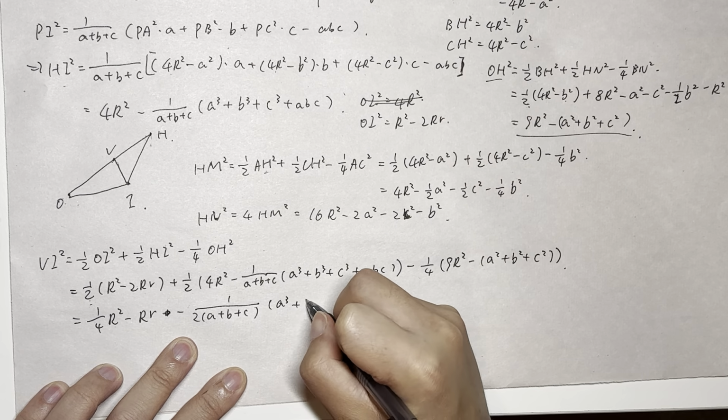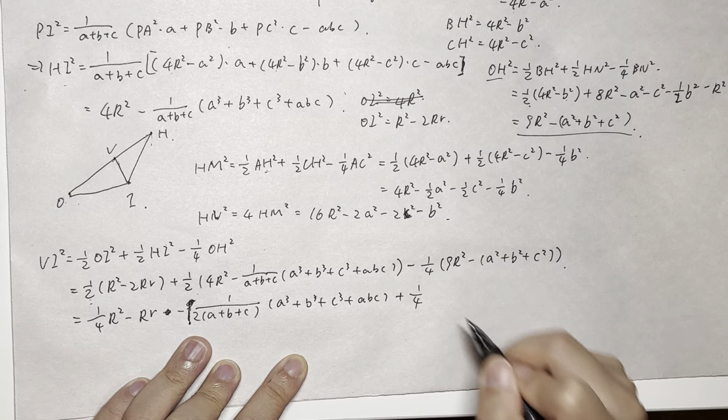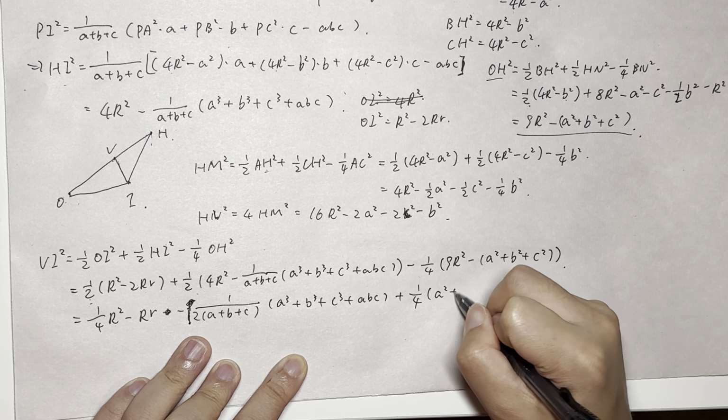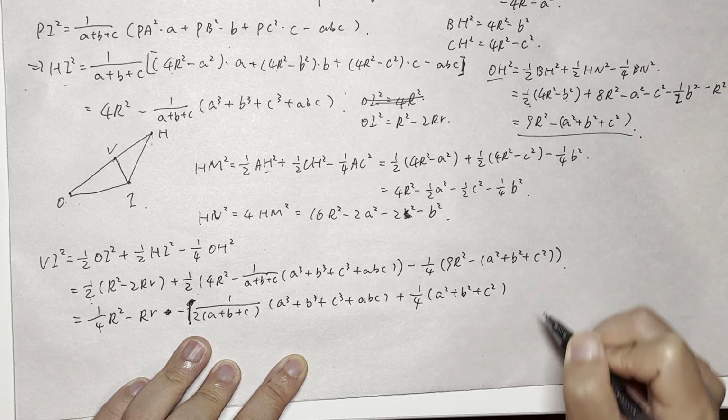And actually minus this one plus this one, so minus, that's fine, sorry, this one here, and plus a squared plus b squared plus c squared, right?